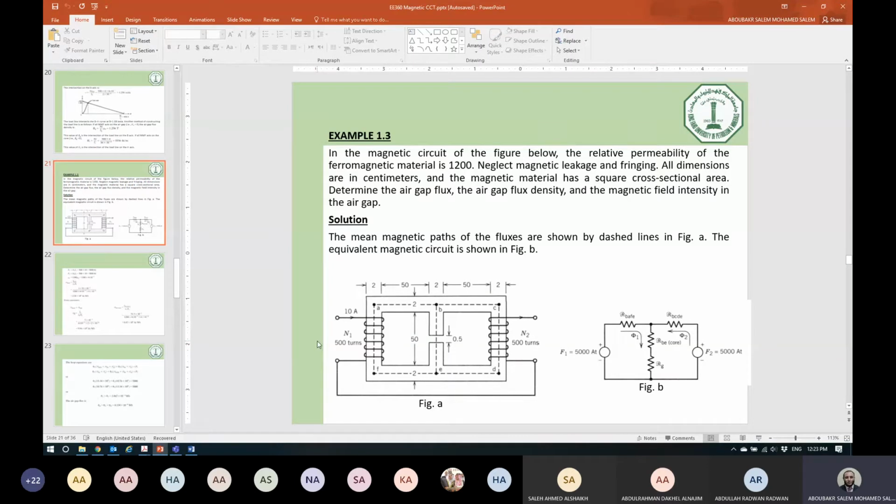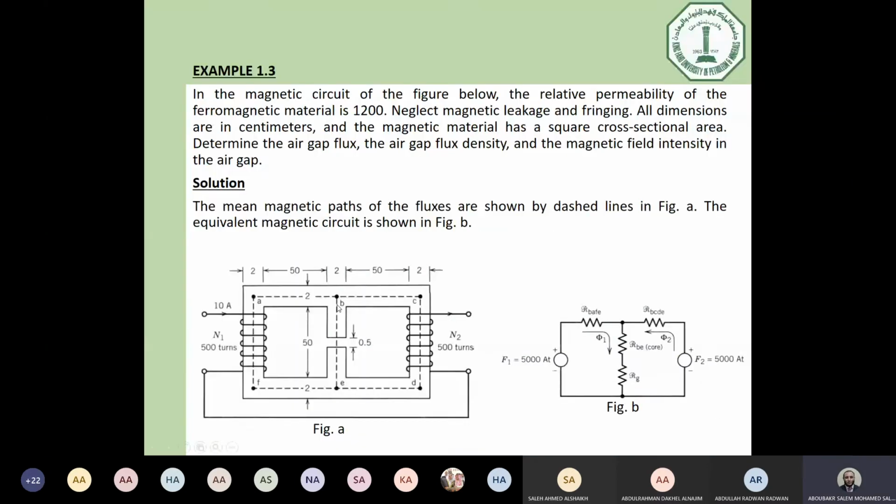How can we calculate the reluctance of the left-hand side here, this limb? Can you calculate the length with me?